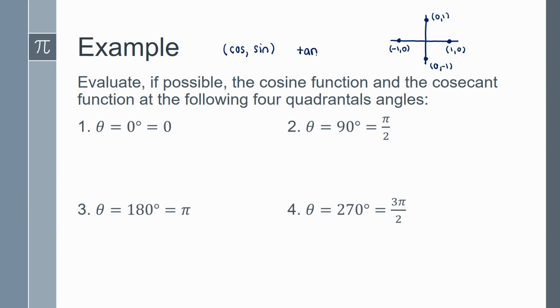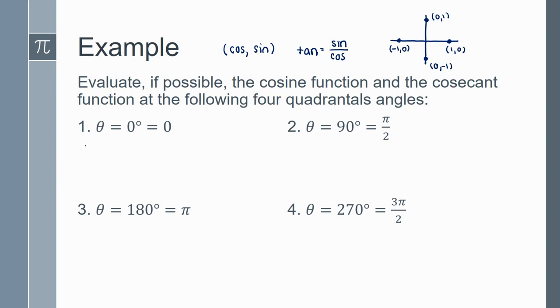And then remember, tangent is the same thing as sine divided by cosine. It's one of those properties that we talked about when we filled out our flip chart. We can use that information to get tangent and then flip it around, and then you have cotangent. So this is what I really think that we should focus on when we are doing these quadrantal angles.